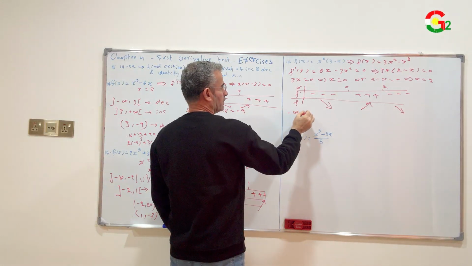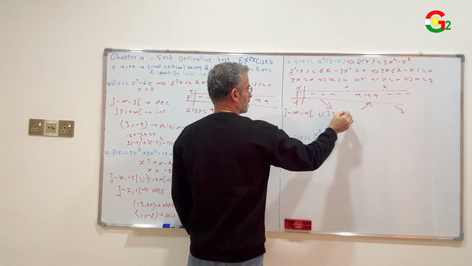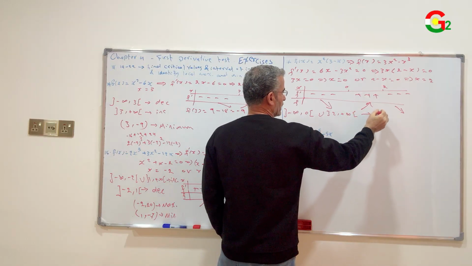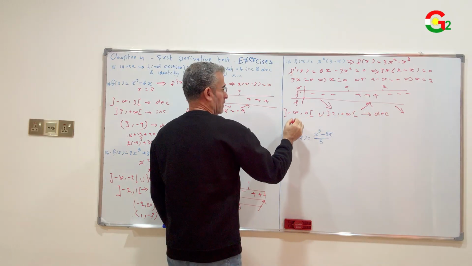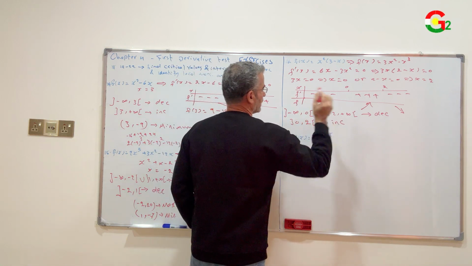Therefore, negative infinity to 0, union 2 to positive infinity, these two intervals are the intervals of decreasing for this function, and from 0 to 2 is the interval of increasing.